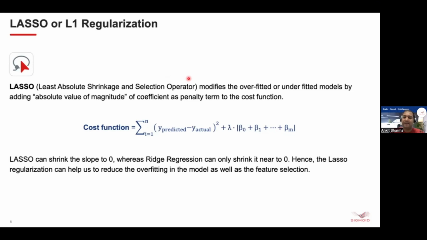At this point it is going to set the beta coefficient of the color variable to zero. It is not just going to shrink it, it is going to put it at zero. So this is the main difference between ridge and lasso regularization techniques. Here, it is going to penalize the beta coefficients and put them to zero, as well as shrink those variables.